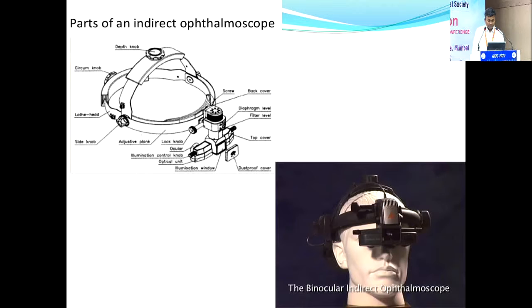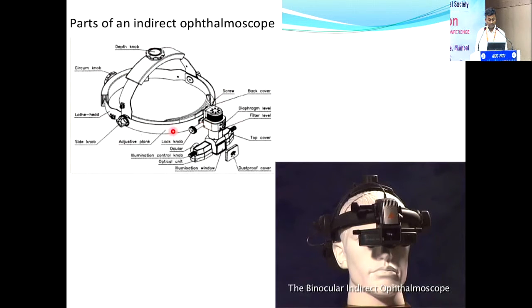So this is an indirect ophthalmoscope. This is the illuminator, which is the light-giving part for the examination, and this is the headband.